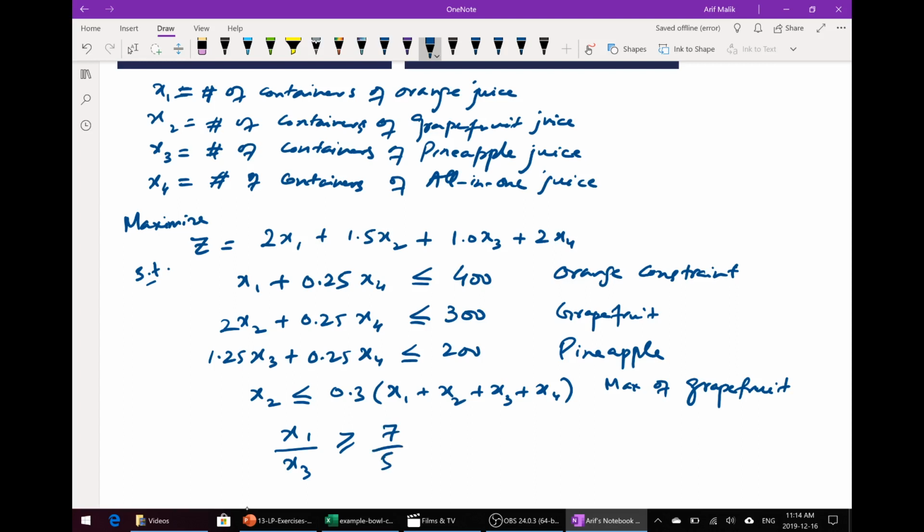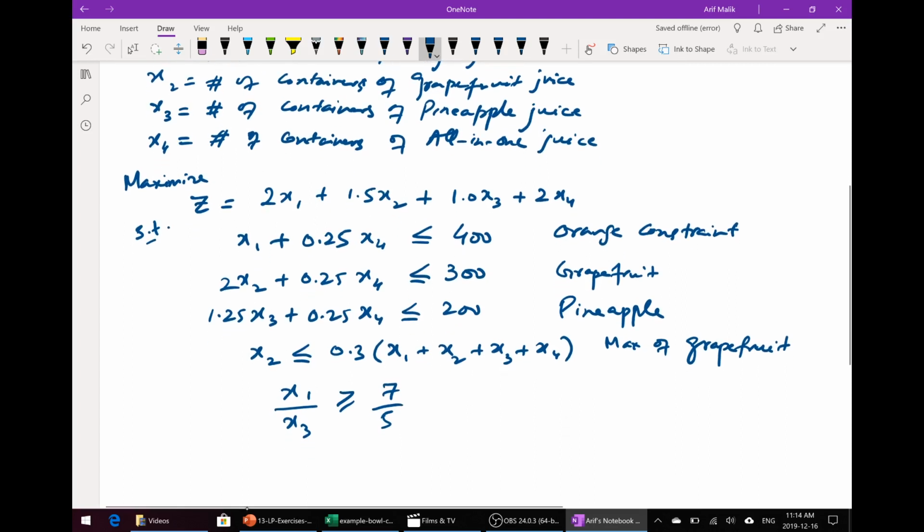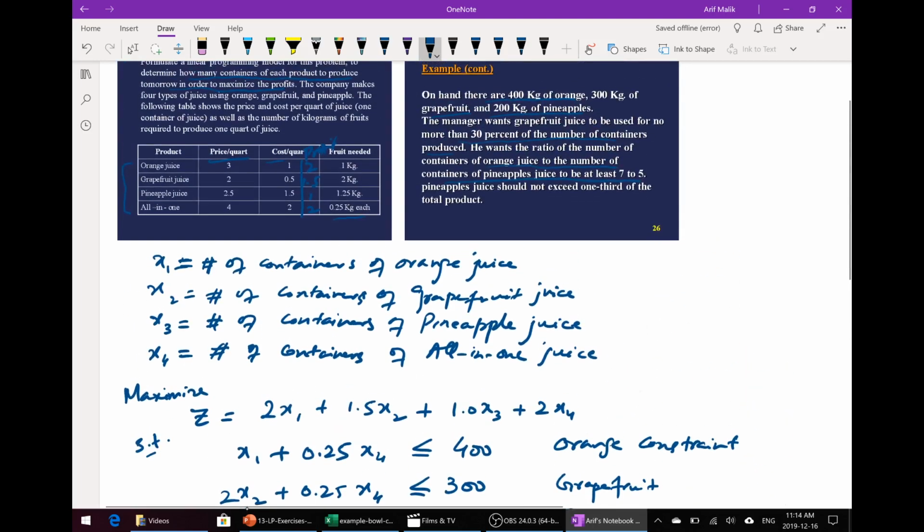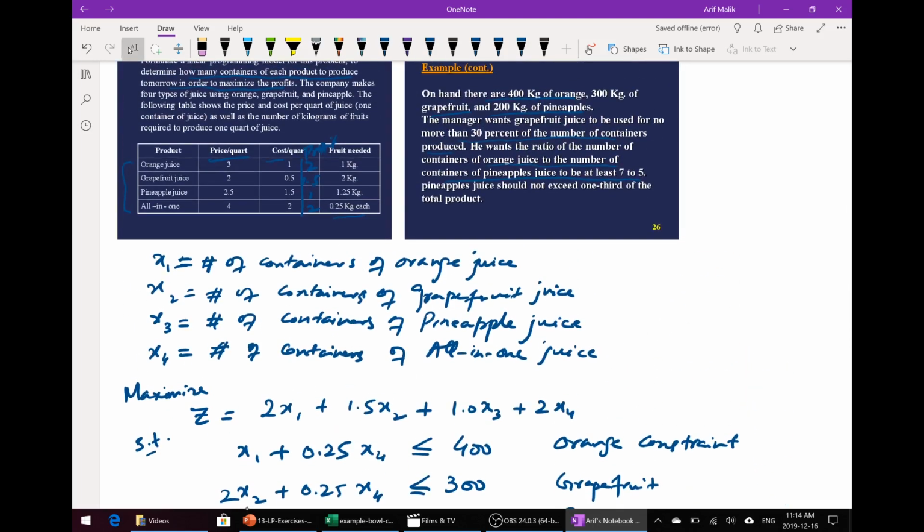This is the ratio of orange to pineapple, at least 7 to 5.